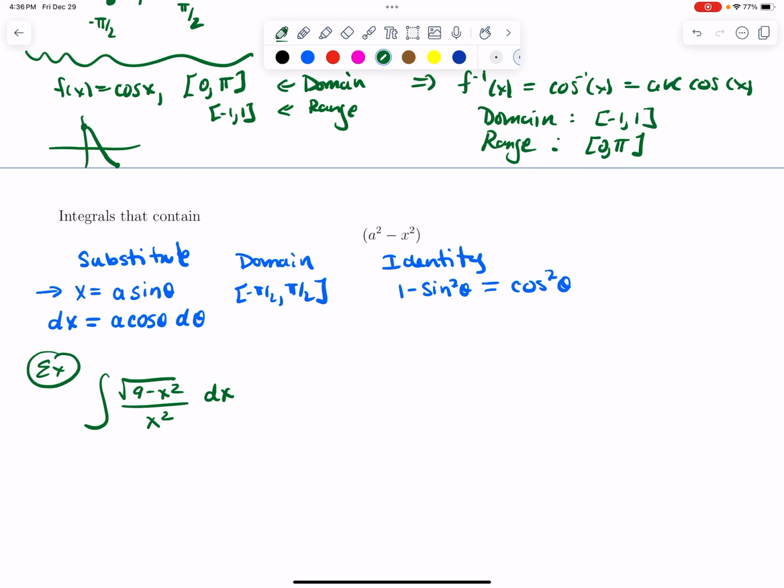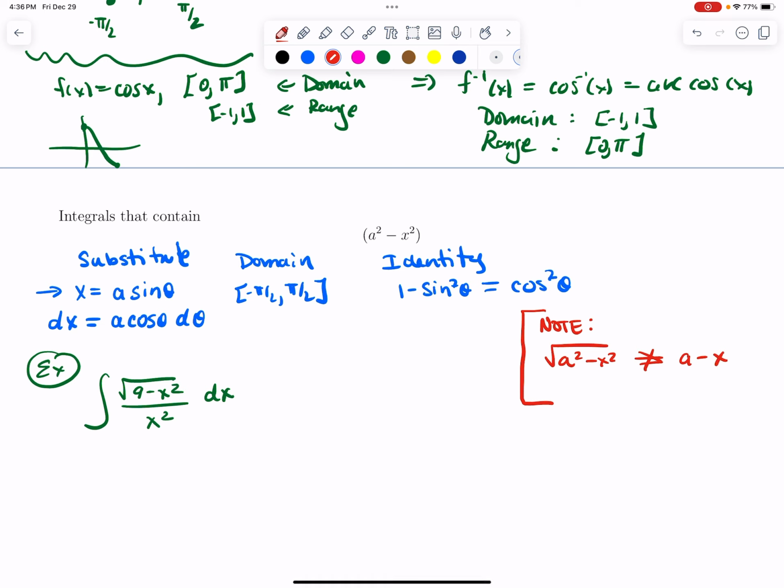Now first, whenever you're looking at an integral problem, you should always do a quick scan of whether you can simplify this, or whether there is an obvious u substitution. Neither of which I can see here. And I want you to note something: I know no one would ever make this mistake, but let's be clear that the square root of a squared minus x squared does absolutely not equal a minus x.